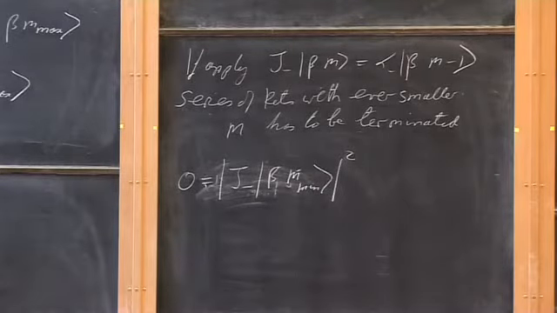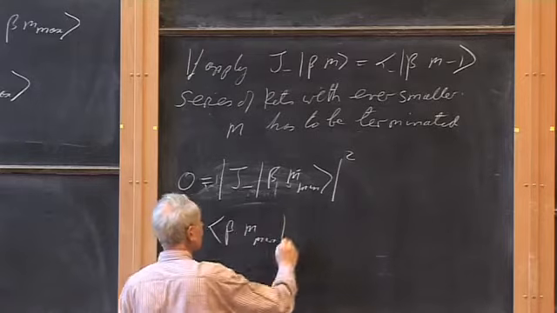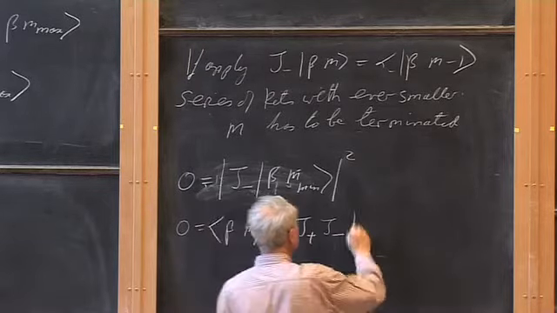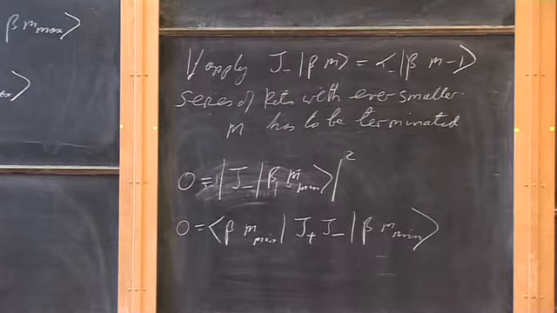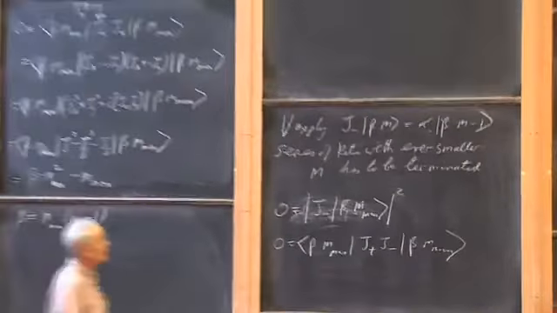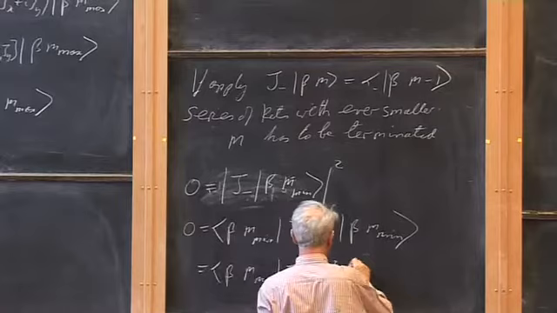So in other words, nothing is going to be beta m min j plus j minus beta m min. That's awfully similar to what we had here, where we had a j minus j plus. So you can see that it's going to produce the same stuff, except that the sign of the commutator is going to be different. Otherwise, everything will be the same. So this is going to be nothing, is going to be beta m min j squared minus jz squared plus jz.